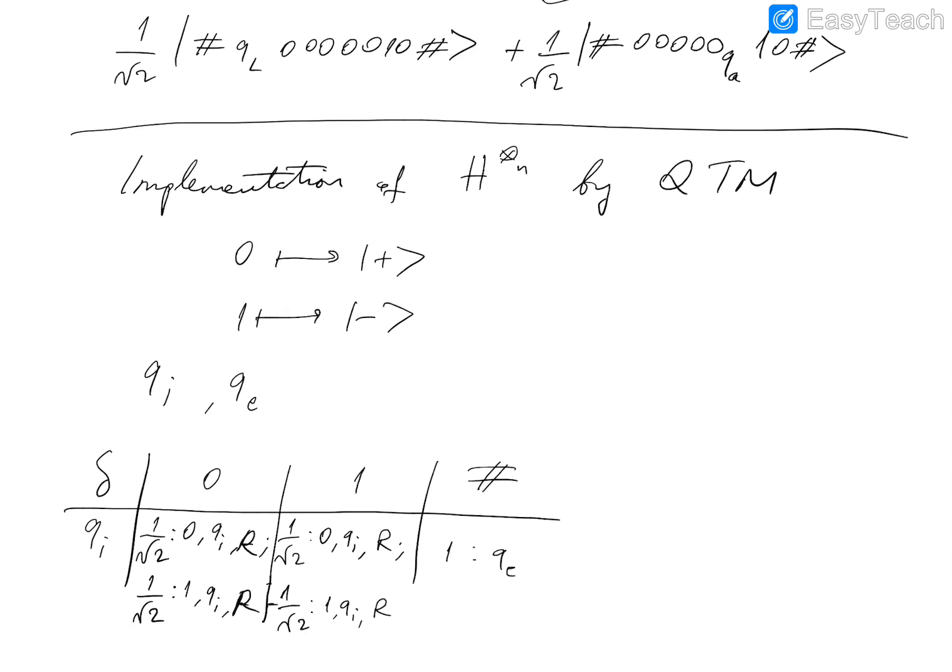I mean, do quantum Turing machines solve more problems than standard Turing machines? And the answer is no. They're all equal power. I mean, quantum Turing machines solve exactly the same class of functions as classical Turing machines and probabilistic Turing machines. So in terms of computational power, they're all equal.